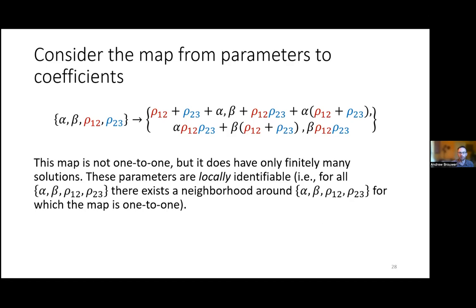Right, and so row 1, 2 and row 2, 3 are locally identifiable because we can know their sum and product, meaning that they have two values, but we don't know which one is which. And so that has a different type of identifiability than those previous variables, which were not identifiable.